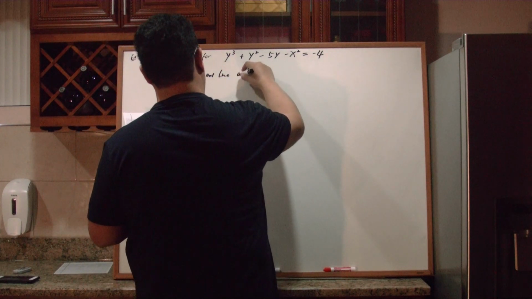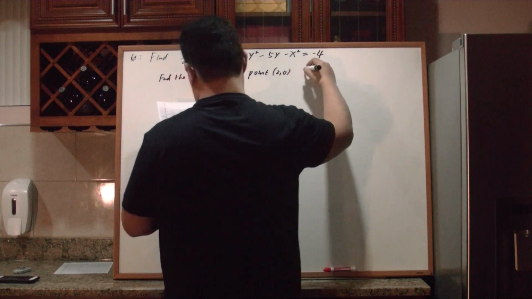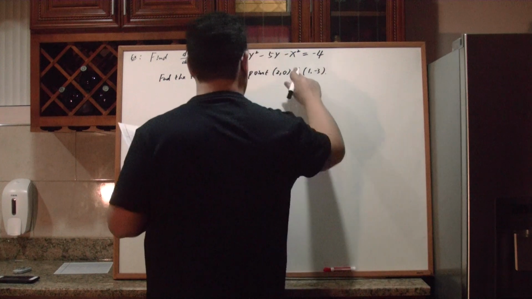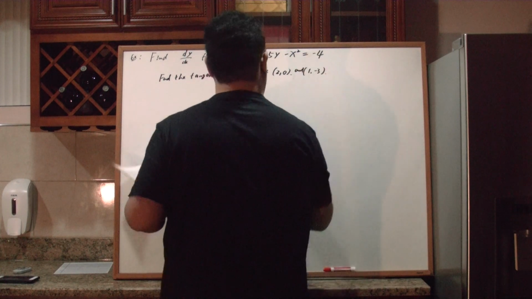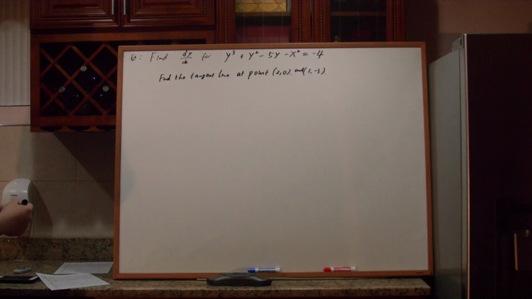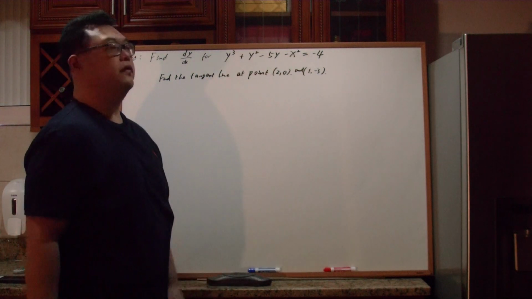At the point (2, 0) and the point (1, -3). First of all, if y is 0 and x is 2, we get -4.